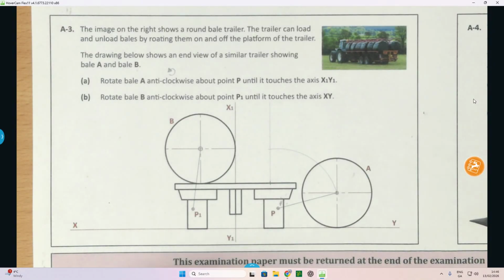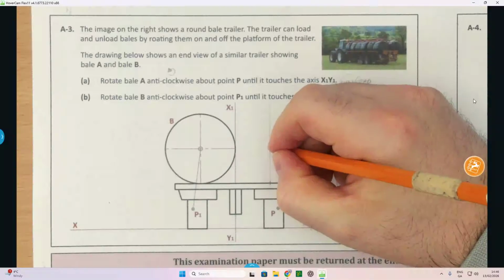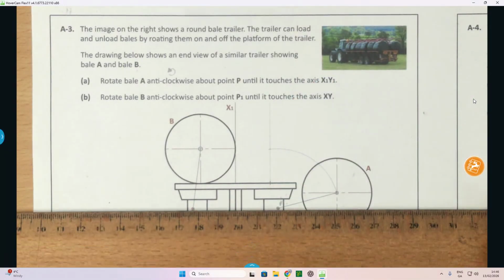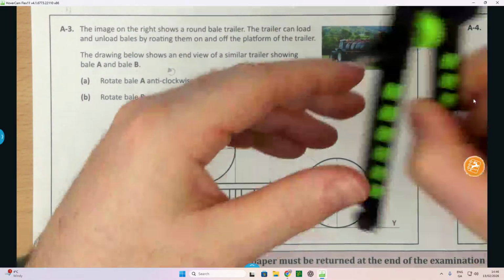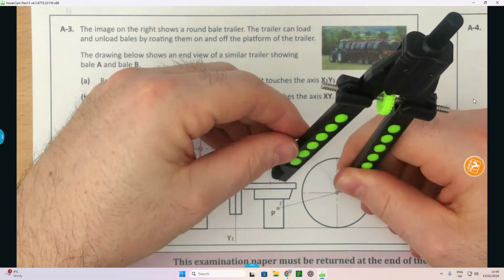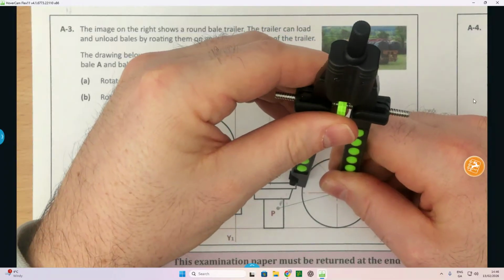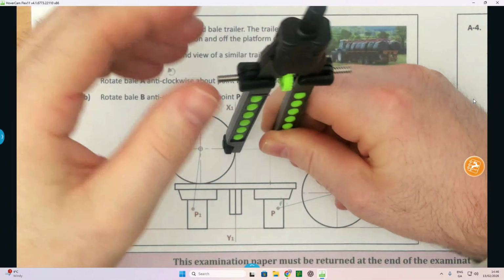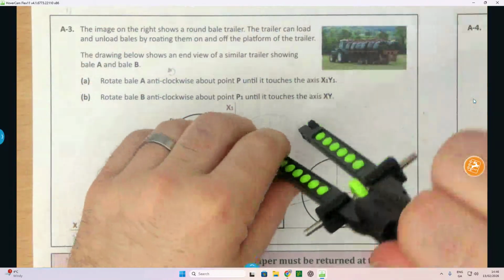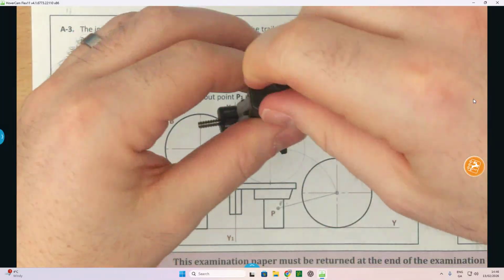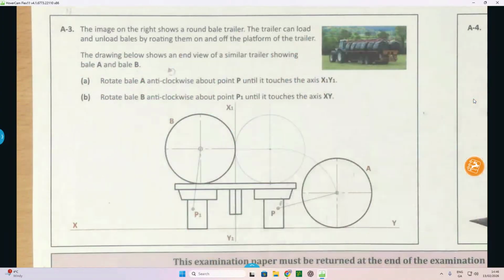So now that I've got that center point, I'll draw a line across there, take the radius of this, draw it here. Not the neatest possibly. There we go. I can see that I've drawn the bale for part A in its correct position.